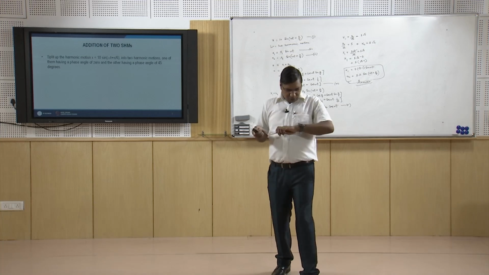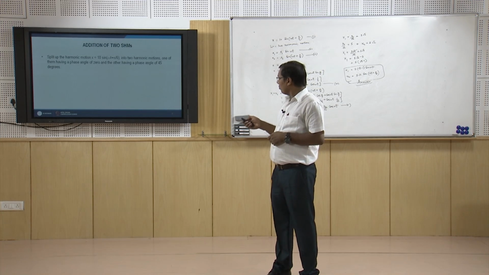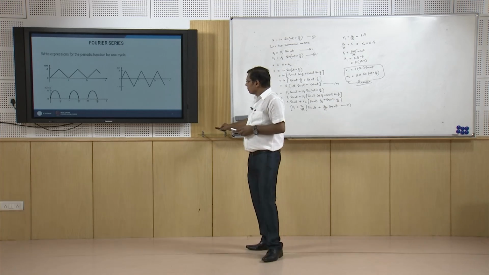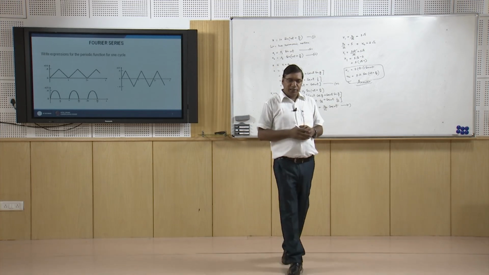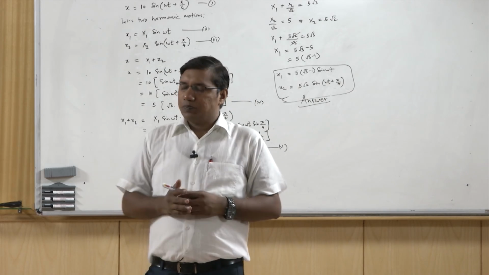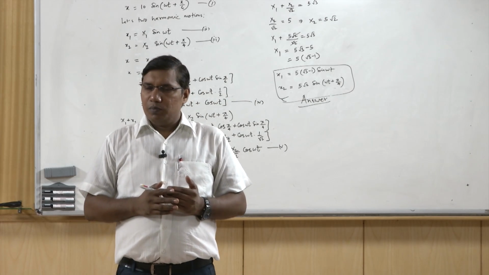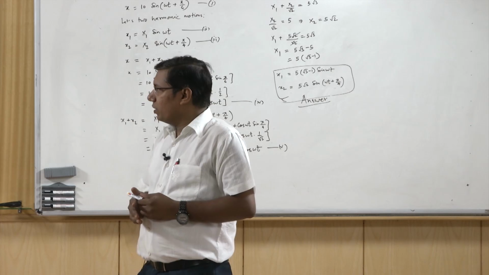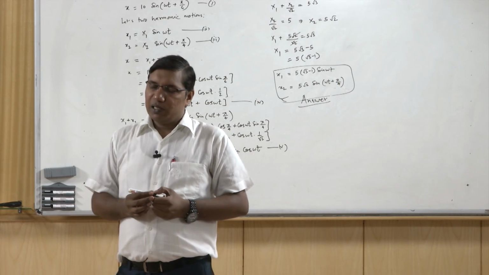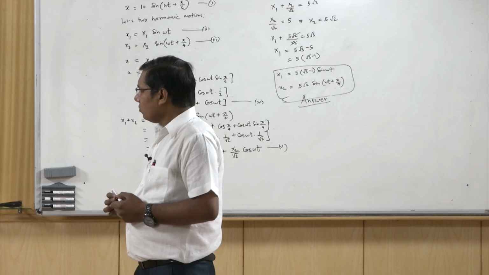So now we go to the next problem. Here we have discussed the Fourier series, that any periodic function can be broken or can be represented in terms of the harmonic functions. They are sine and cosine functions.